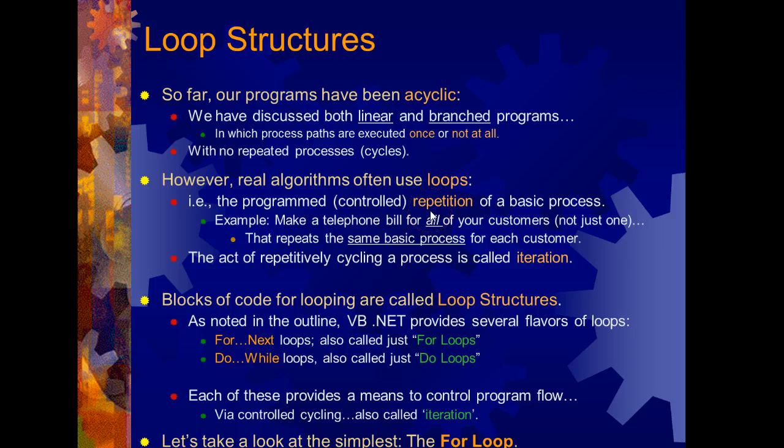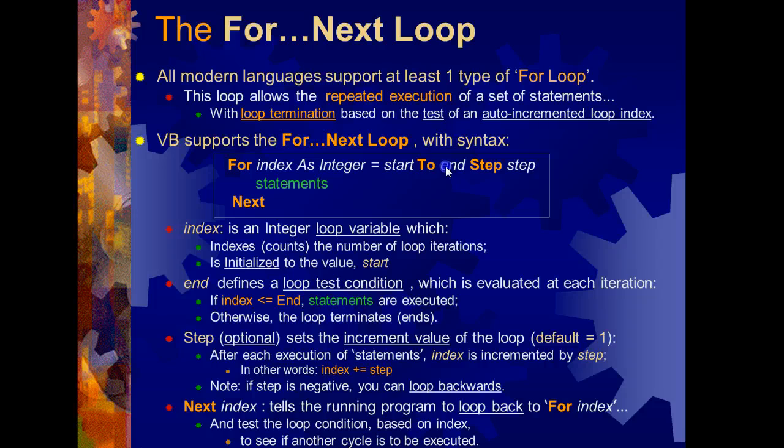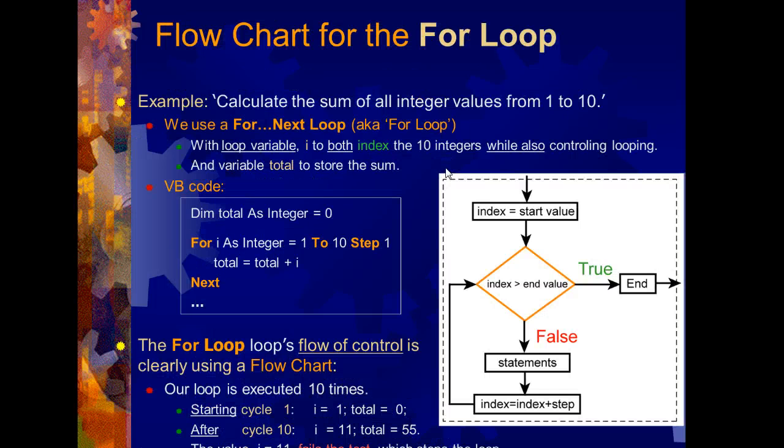Before we talk about it in general, let's get an example. Let's look at this one. First of all, you can see we're defining a variable called total, an integer, and giving it an initial value of 0.